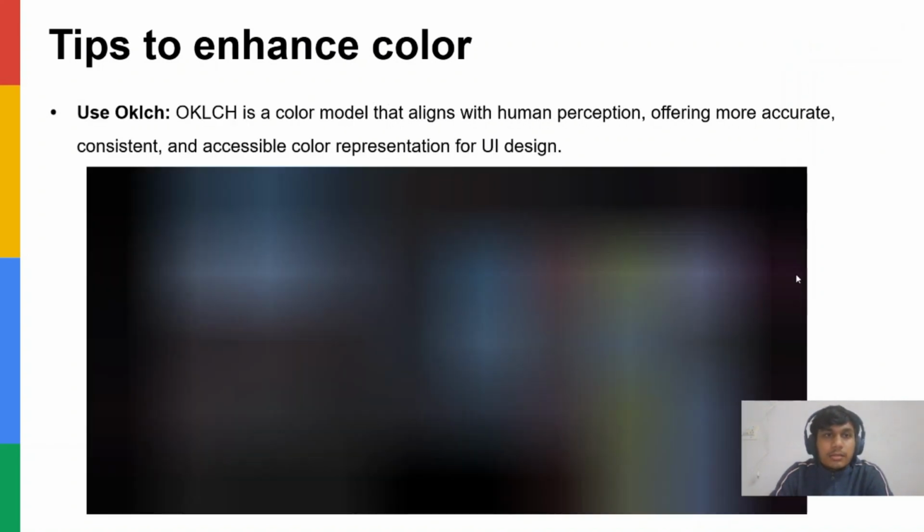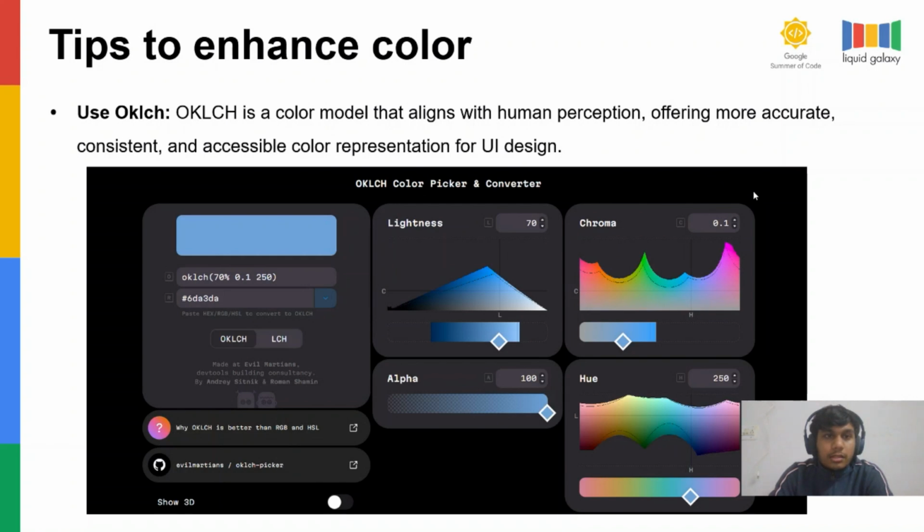Other than that, we have here OKLCH, which is basically a color model that aligns with human perception. In a nutshell, if you want to ask me what it really does, it has more parameters than your original HSL and focuses on the brightness aspect of the UI. For example, let us say we have two colors, yellow and blue.